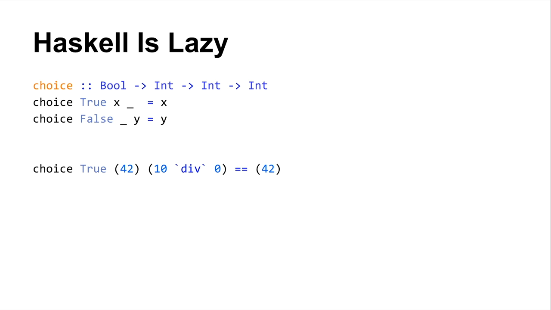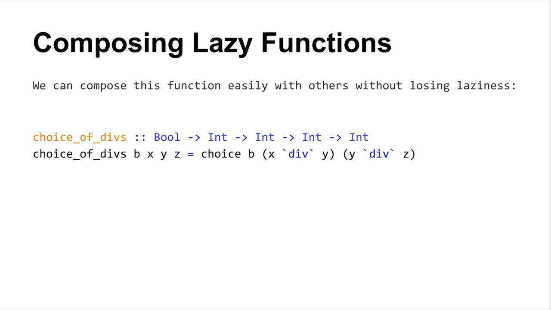This property allows us to do things like this, where I call choice with true. True means that I'm going to pass along the left side, so the x, and the right-hand side, which, if it were evaluated all the way down to normal form, would result in a runtime exception, but we don't actually do anything with it, so we can write code like this and have it not fail.